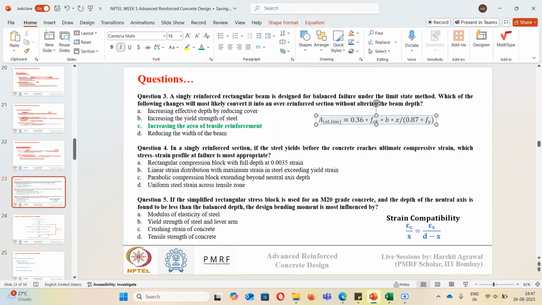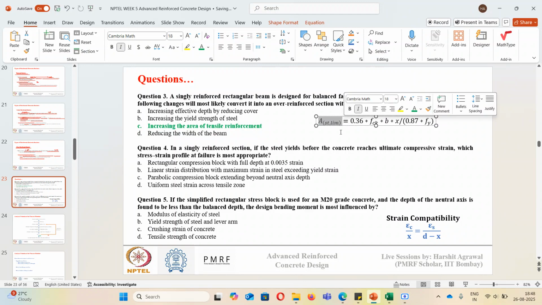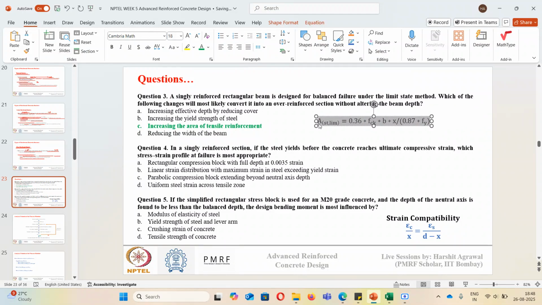Knowing this equation, just try to think. B is an obvious choice. However, this is my limiting area. Limiting area means the area of reinforcement required to create a balanced section. Now, anything which will increase my area will make my design over reinforced. So what changes can be done?